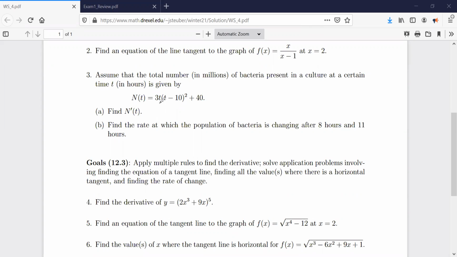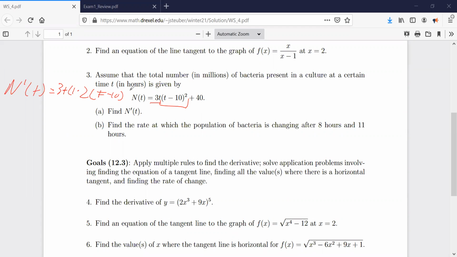This is an incredibly boring chain rule, and then we have a product rule. So N prime of t is going to be equal to first times the derivative of the second. That's 3t times the derivative of the second, which is the derivative of the inside, 1, times 2 from the power rule, times (t minus 10).